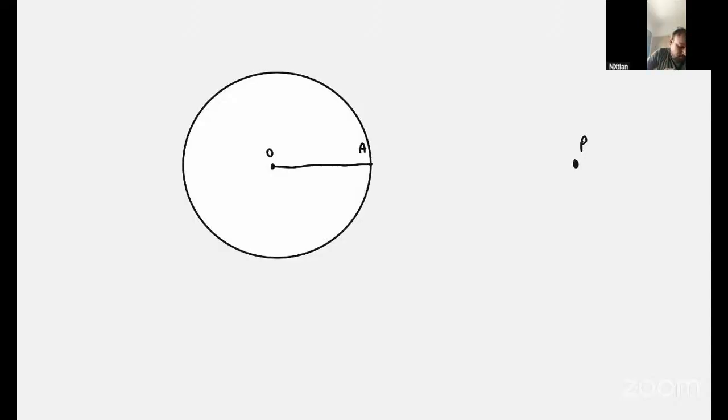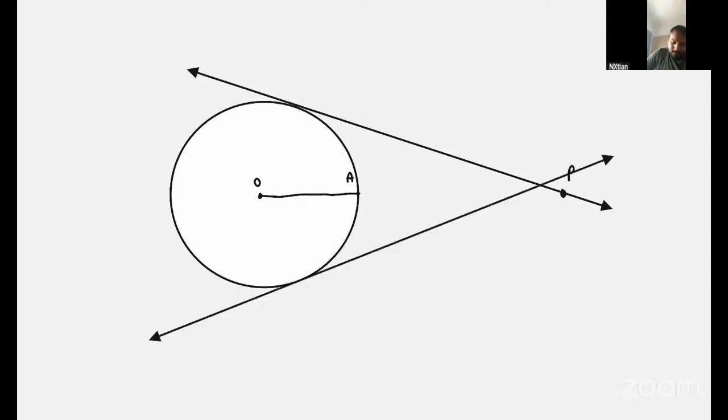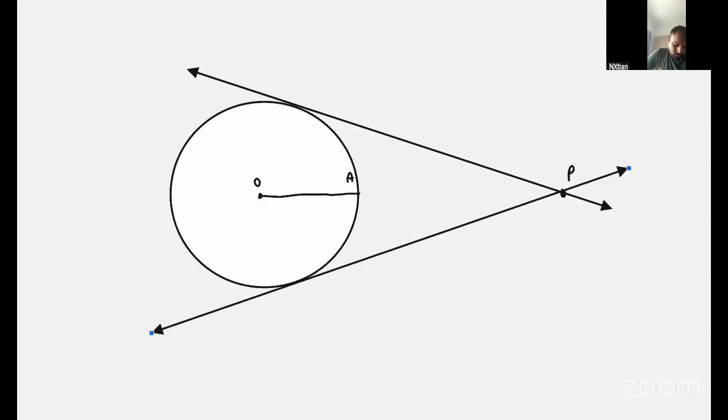The first one will be this one, just touching the circle. And another tangent will be like this.